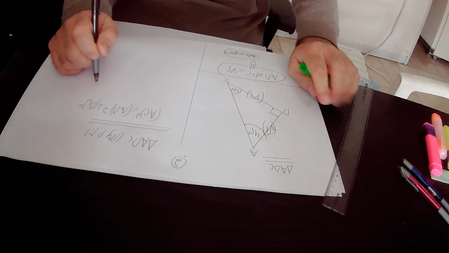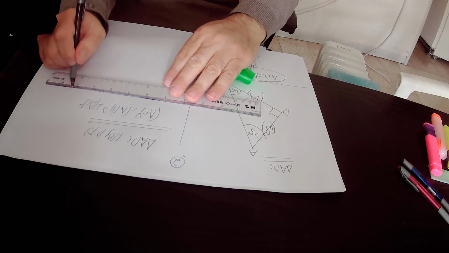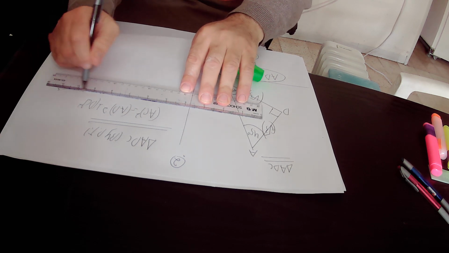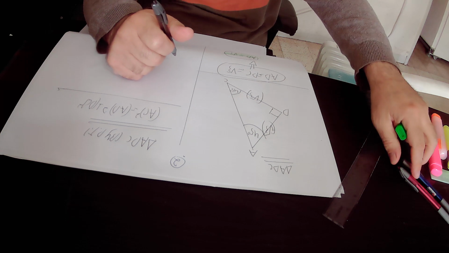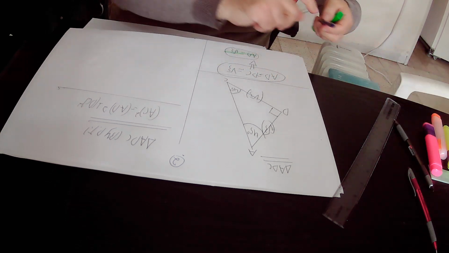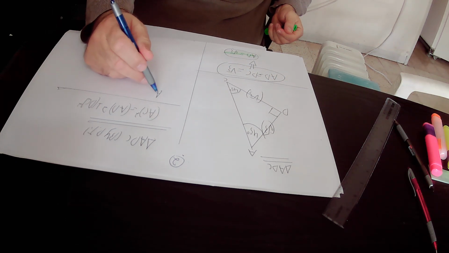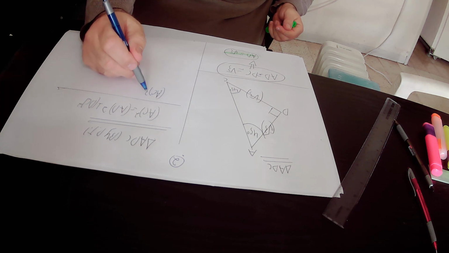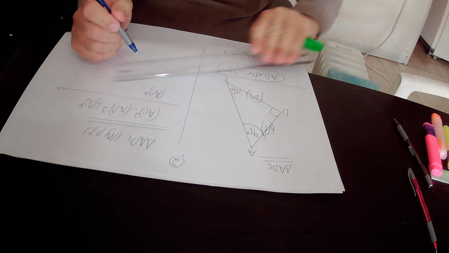The square of the hypotenuse equals the sum of the squares of the perpendiculars. So AC squared, the square of the hypotenuse in the right triangle ADC, must be equal to AD squared.